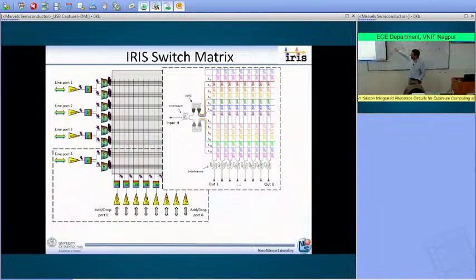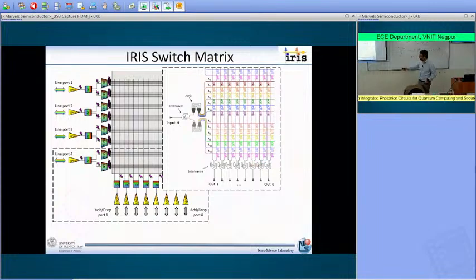And notice here that we have two demultiplexers, one for the odd wavelengths and the other for the even wavelengths. This function of separating the even from the odd wavelengths is performed by the interleaver. Okay? So the interleaver is a component that is able to separate the even from the odd wavelengths.